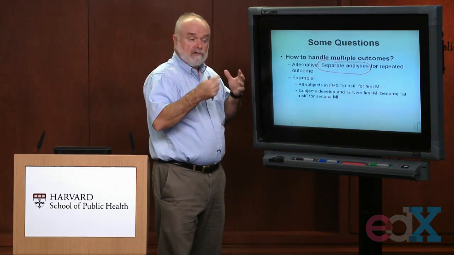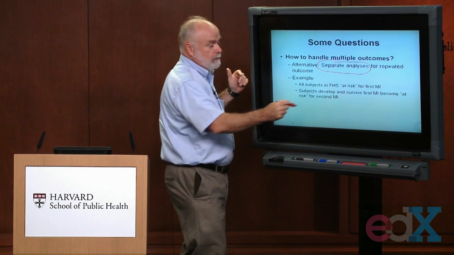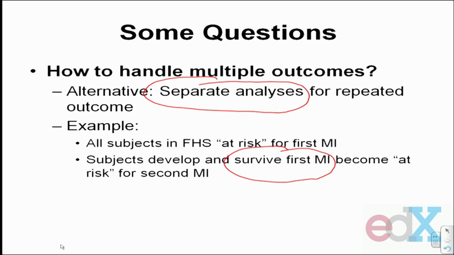So if you're interested in that second question, we might do separate analyses, looking at people who survived their first heart attack, and follow them now until they develop a second heart attack or the study ends. So the person years at risk now begins for those individuals at the point in which they develop their first heart attack and ends with the development of a second heart attack or the end of the study. So that's another way of handling multiple outcomes on the same individual.